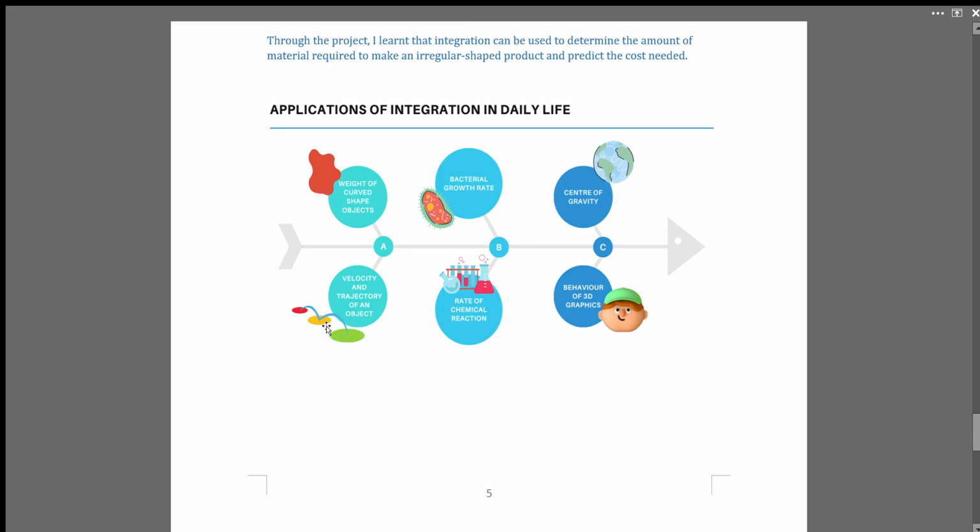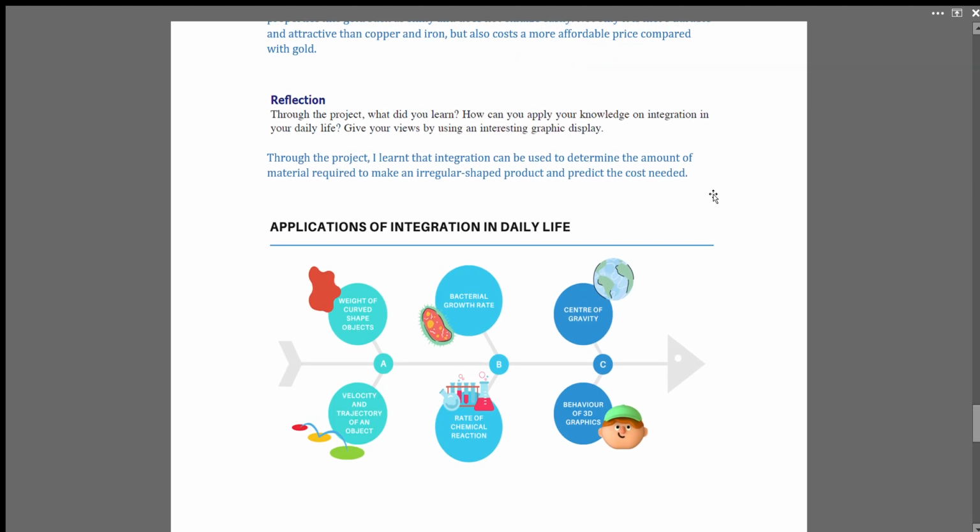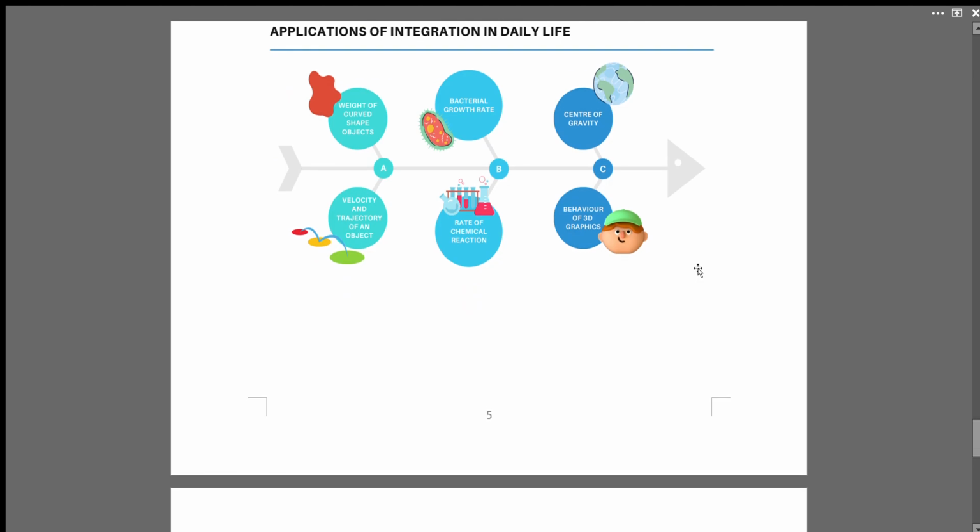In chemistry, integration can be used to determine the rate of chemical reaction. Lastly, integration can also be used to predict the behavior of 3D graphics on a display, so we can know what kind of animation we can get before we do the graphics.